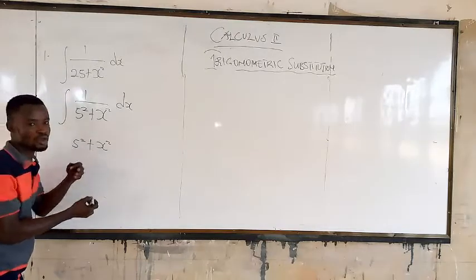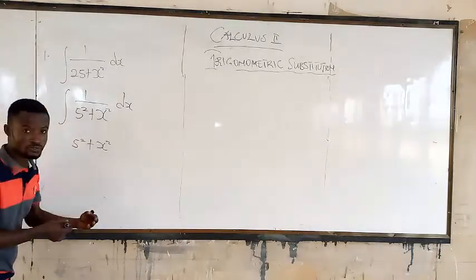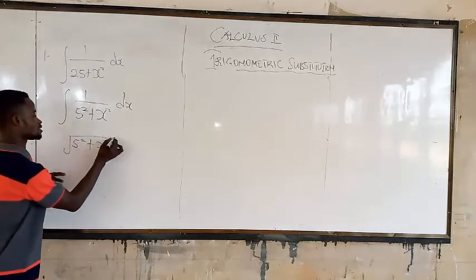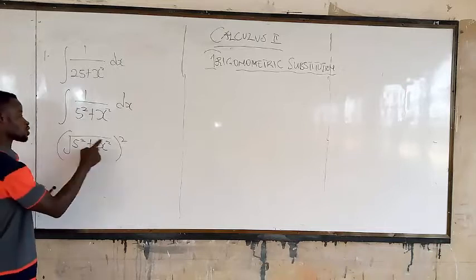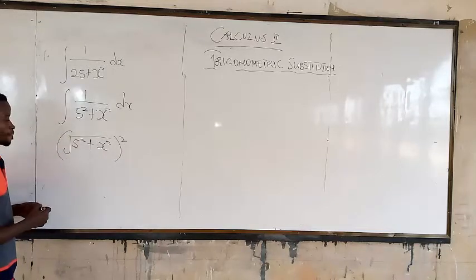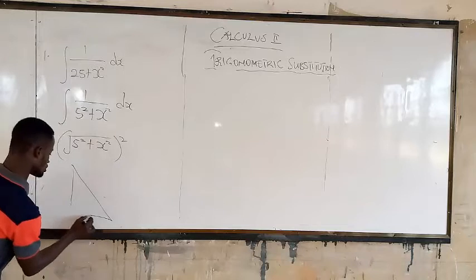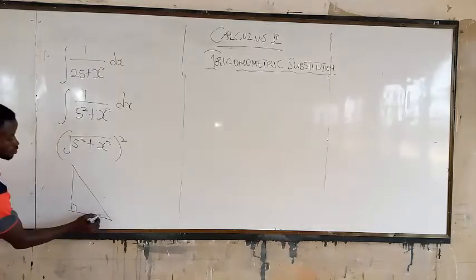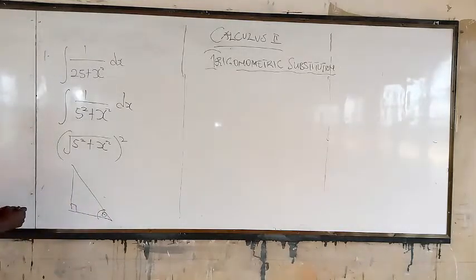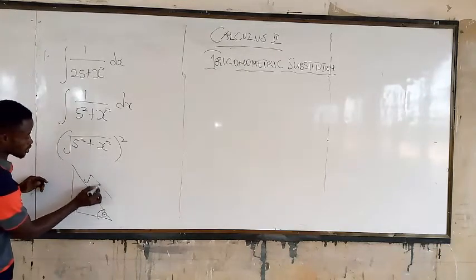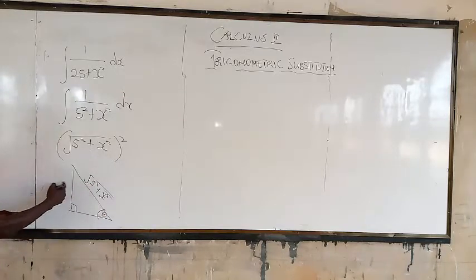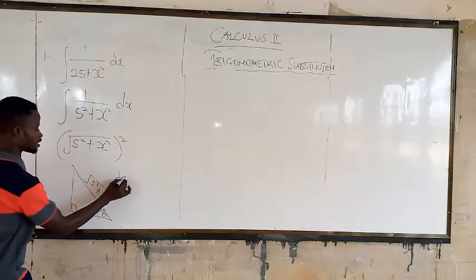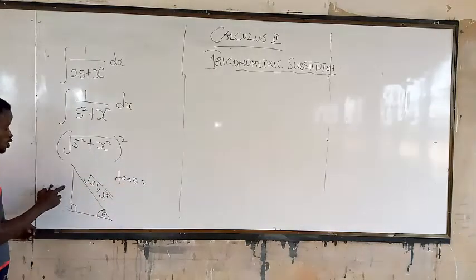Then to transform it into the square root form, we can write it as this. It doesn't change anything, because this will cancel this, you get the same as this. So to take it to that form, this is going to represent a hypotenuse that we know. So we are going to get 5 squared plus s squared.